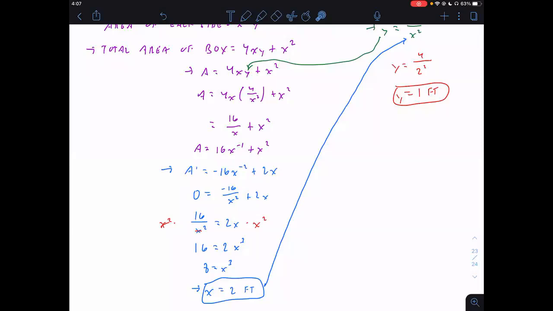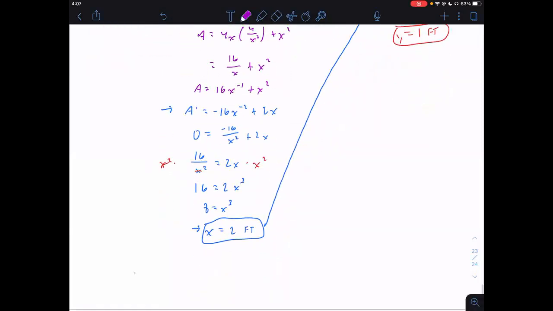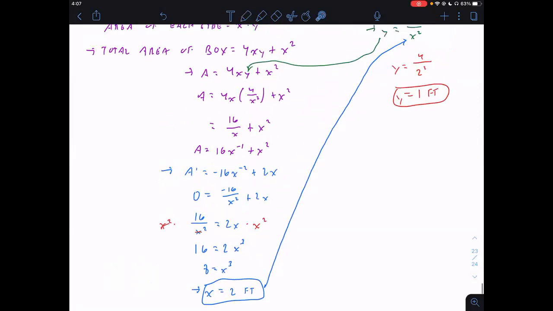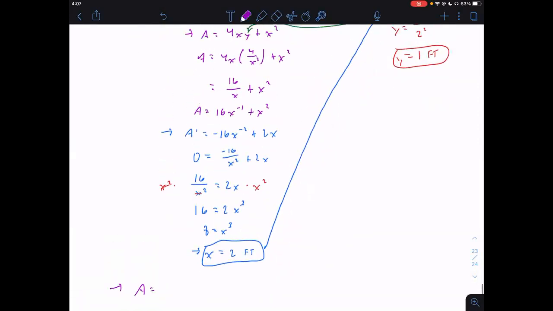Okay, so what will be the total area? Well, to find the total area, take what we found for x and y and plug into the function that we're trying to optimize. So 4 times x, which is 2, times y, which is 1, plus 2 squared, to give us a total area here of 12 feet squared.